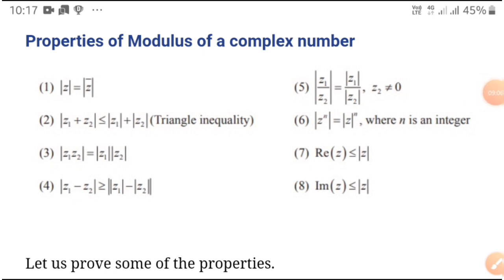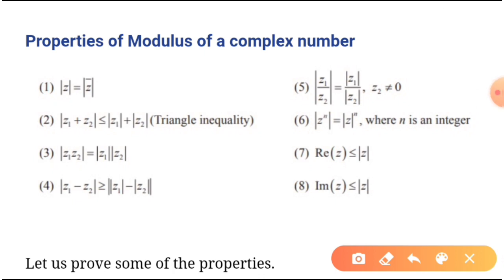Next, properties of modulus of a complex number. First one, modulus of z is equal to modulus of z bar. Second one, triangle inequality, is a very important 3-mark question. Modulus of z1 plus z2 is less than or equal to modulus of z1 plus modulus of z2. That is the triangle inequality.